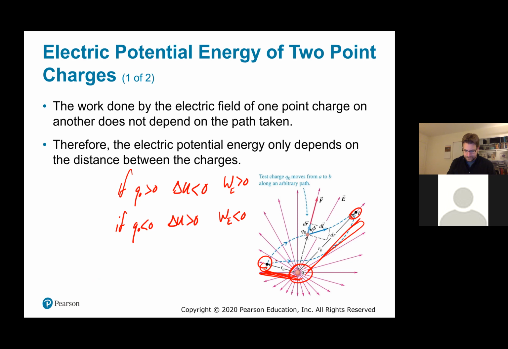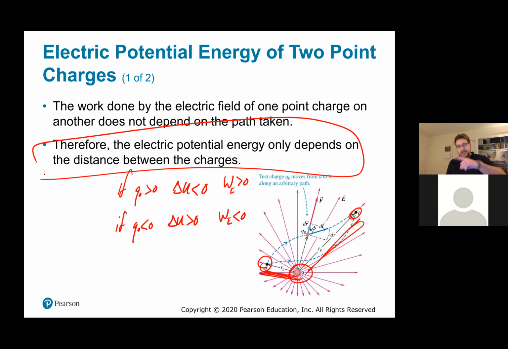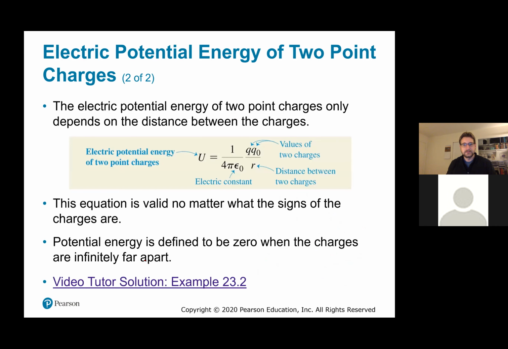Well, wait then. The electric potential energy associated with two point charges depends only on the distance between them. Okay, so let's write that. The electric potential energy of two point charges depends only on the distance between them and their actual charge.